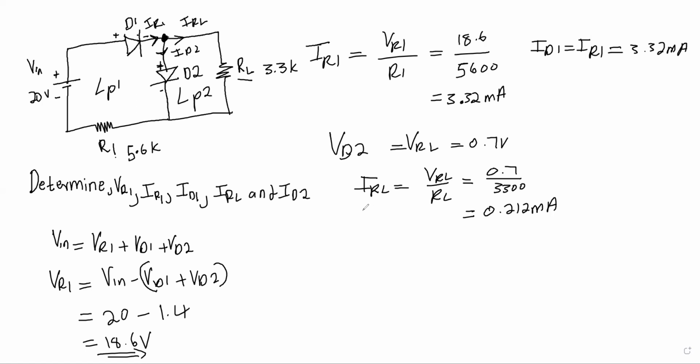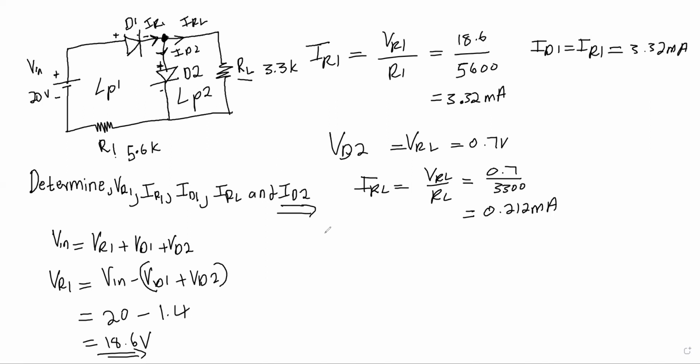That's IRL. The difficult part is to determine ID2. It's challenging and tricky, but if you follow what I'm doing, you'll see it's very simple. I've drawn the direction of currents. The current entering the junction is IR1, and the currents leaving the junction are IRL and ID2.